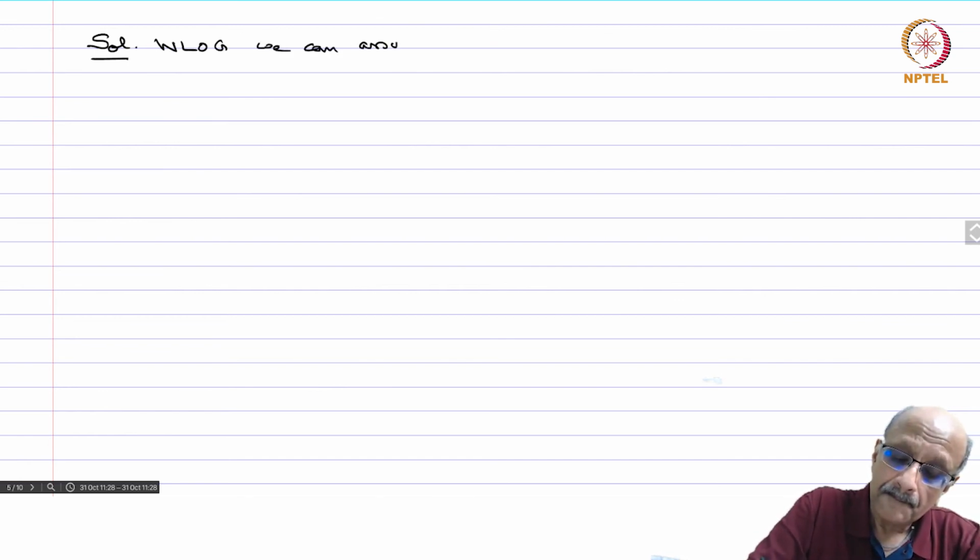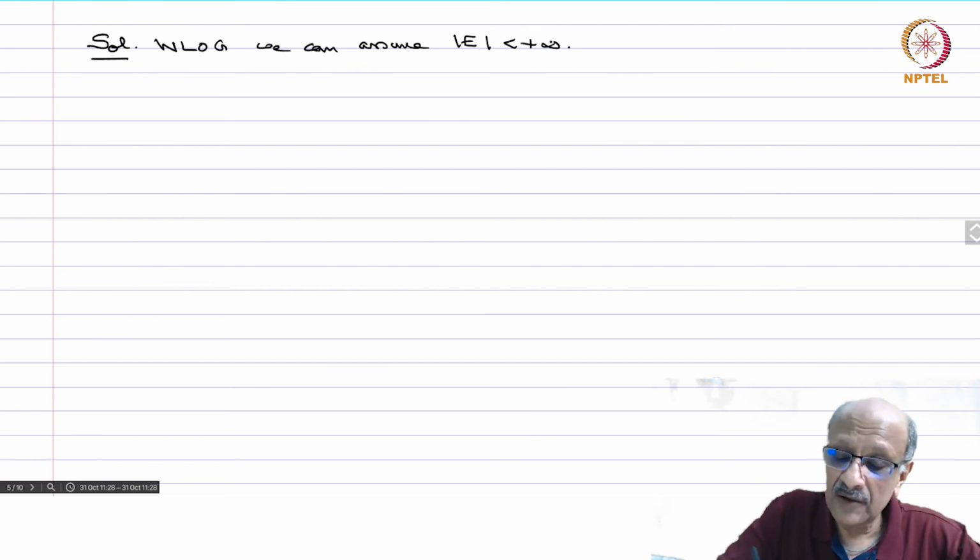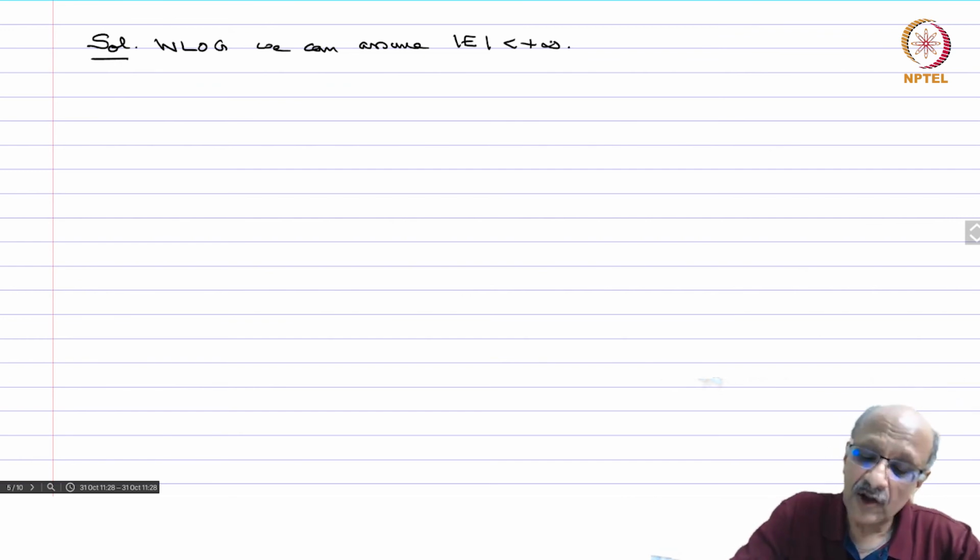So solution. Without loss of generality, we can assume that the Lebesgue measure of E is strictly finite, because it converges over a set E. If necessary, you take a subset of positive finite measure, then also it's going to converge.